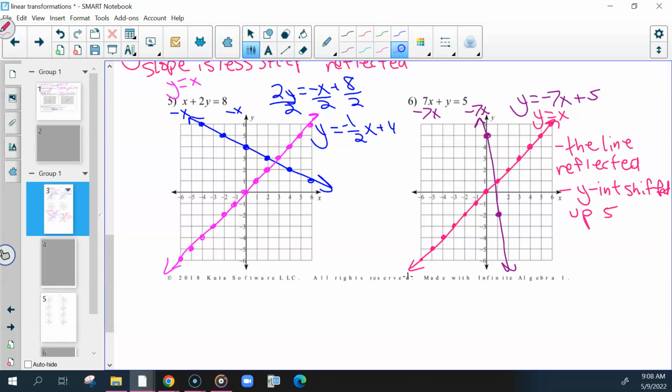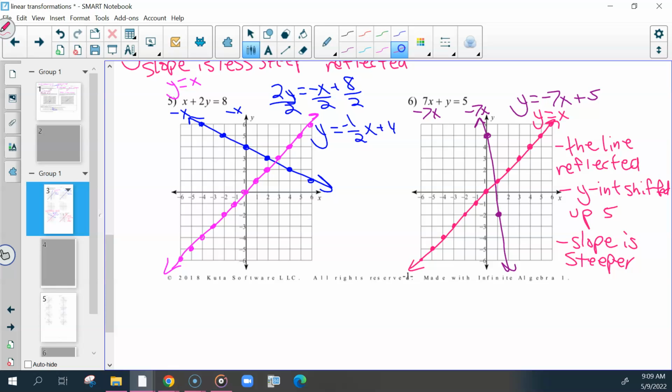Is it less steep? Because we're not looking at the negative. We're only looking at the number, the 7. Steeper. So when looking at the steepness, you take out the negative, correct? Yes. Because we're already saying the line is reflected, we don't have to look at the negative piece yet.